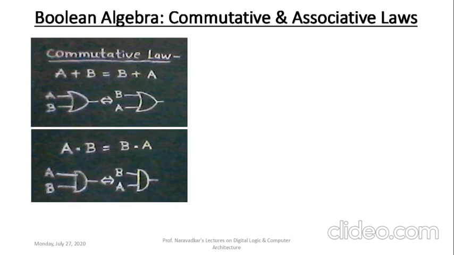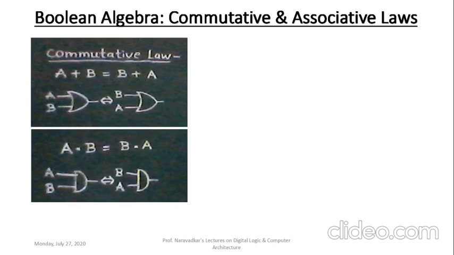So A dot B is equal to B dot A. It means that sequence of application or sequence of connection of those inputs for AND gate, even though if you change, the functionality does not change. That is the function of that commutative law here.